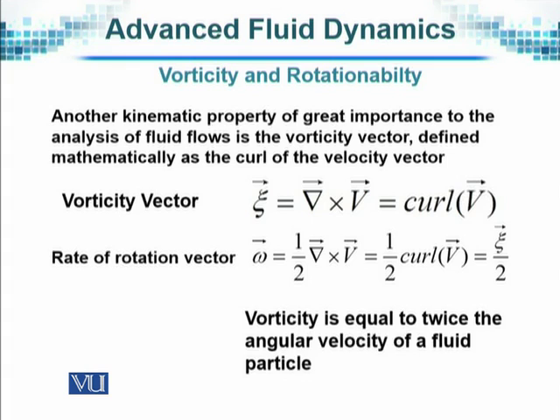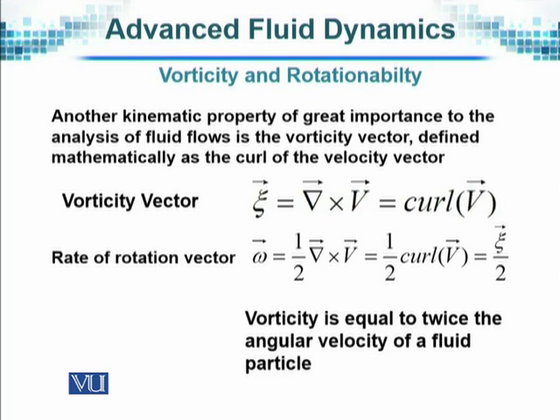So rate of rotation is normally denoted by omega, the Greek alphabet, although it looks like W, but here this is supposed to be omega, and omega is equal to half of curl of V. That is half of zeta. Again, that is a Greek alphabet. So half of vorticity.